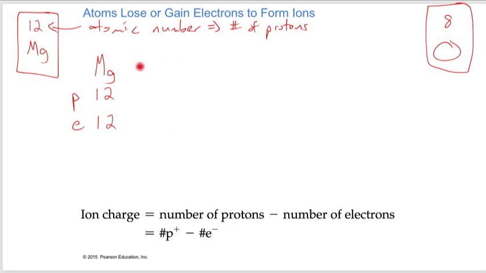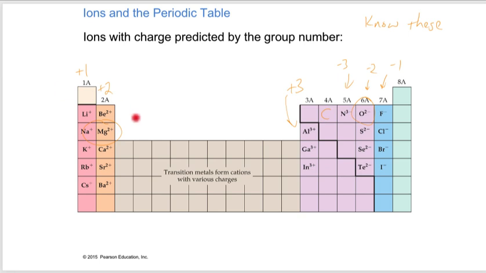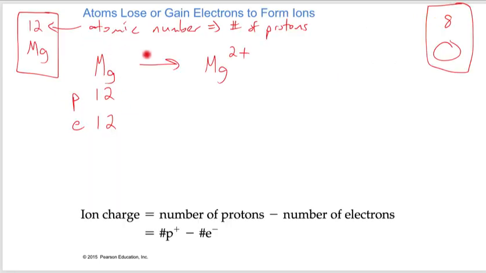The way that it goes from the elemental state to the ionic state, it takes on a +2 because we just saw that it always takes on a +2. To go from the elemental state to the +2 state, it's not the number of protons that's going to change. If we have magnesium, we always have 12 protons.